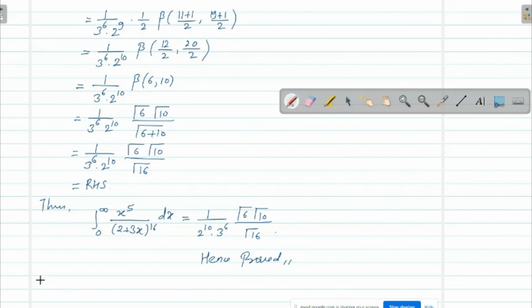Example number 2. Okay, prove that, what do I have to prove?